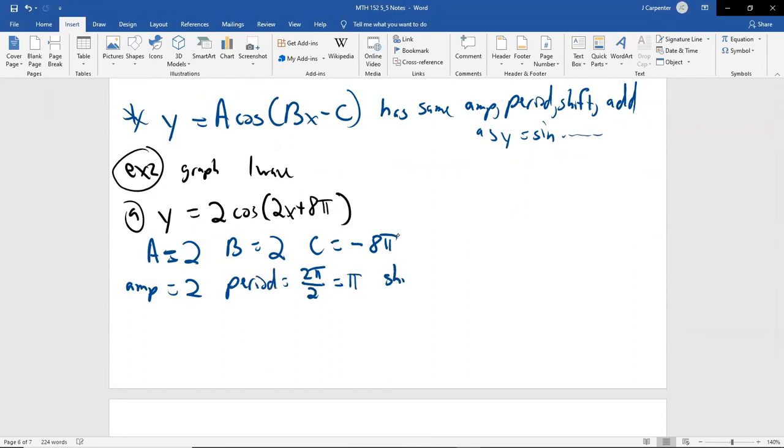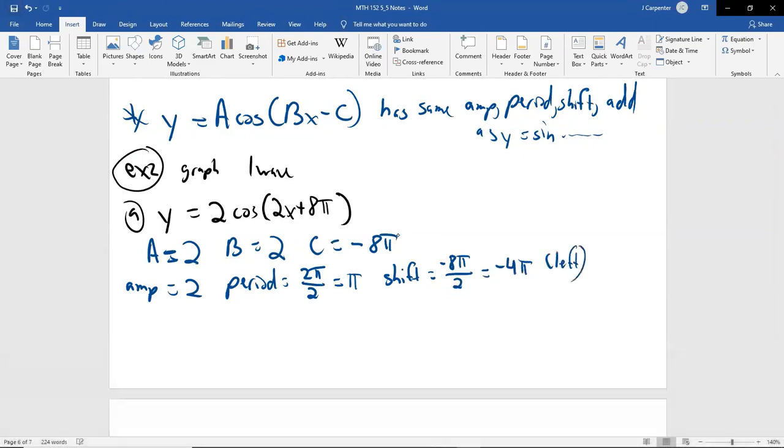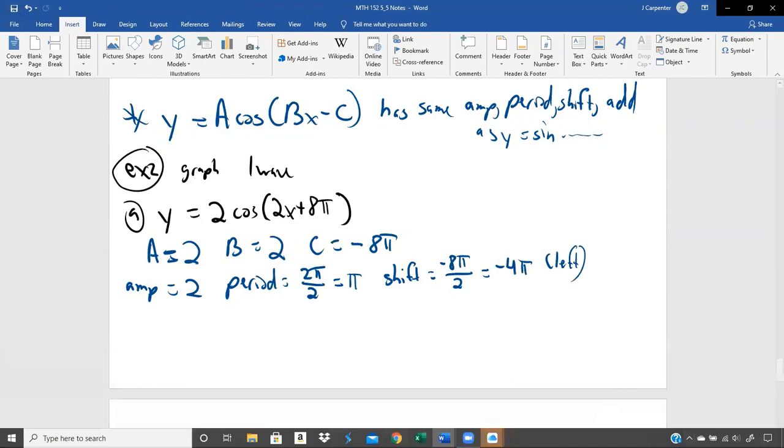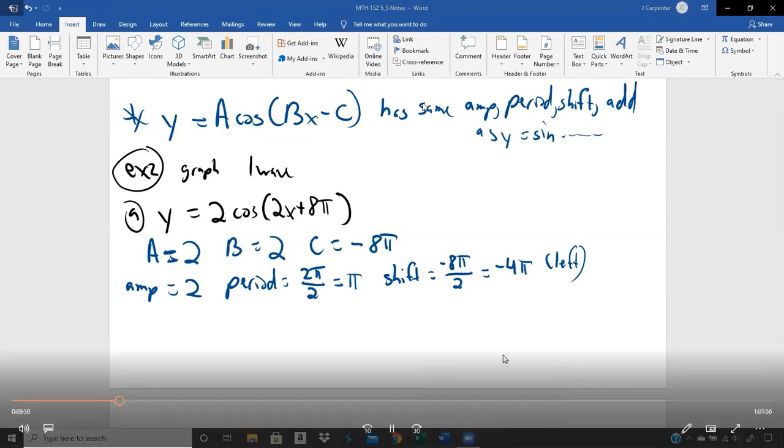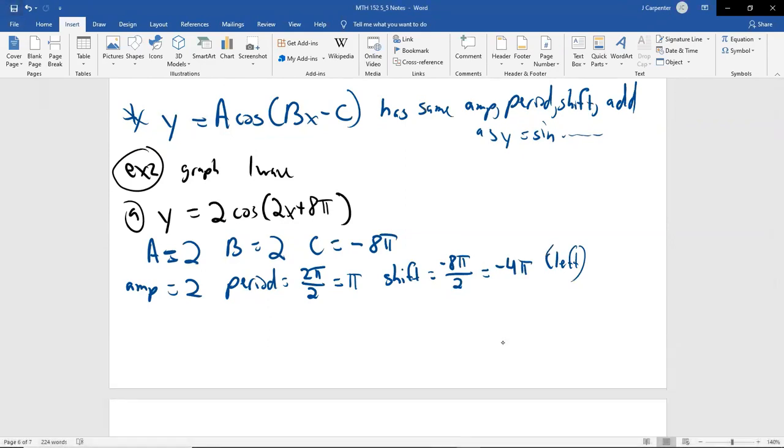Then the phase shift, it's called a phase shift in more complicated classes, is going to be the negative 8 pi, the c, over the b, which was also a 2, which is negative 4 pi, which means it's shifting left. We already established that. Because that's a plus, this is shifting it left. If it had been a minus, it would be shifting it right. And messing up that one minor detail will screw everything else up moving forward.